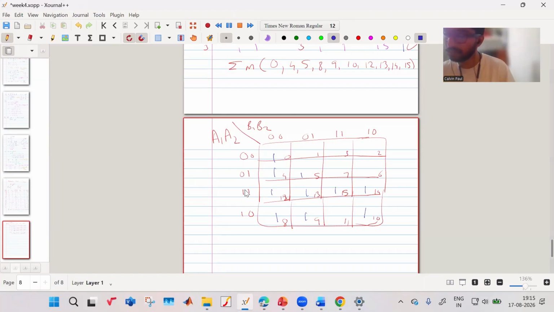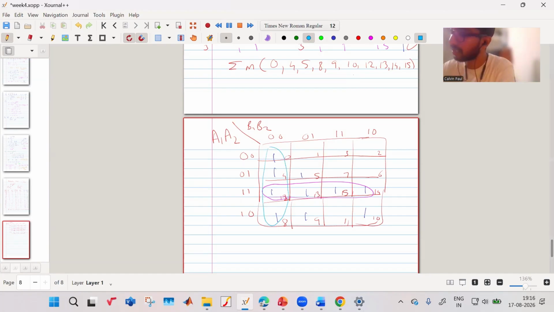Now how do we solve this circuit? How do we minimize it? Any suggestions? First, we have to group 4. Which 4 should I group? 12, 13, 14, 15. We can group this, right? Then 0, 4, 12, 8, you can group this. Then 5 and 13, we can group like this.